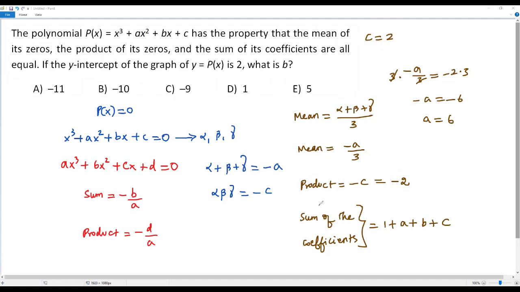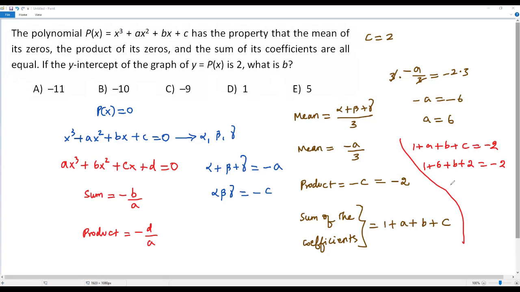Now we can equate the product of the zeros and the sum of the coefficients. Then I get 1 plus a plus b plus c equals negative 2. Plugging in 6 for a, and for b I do not know the value, that's what I have to find, and 2 for c, we have negative 2 on the right side.